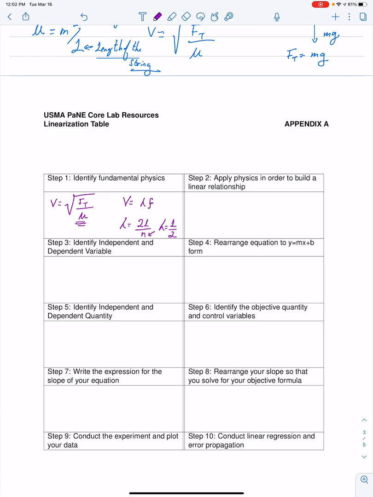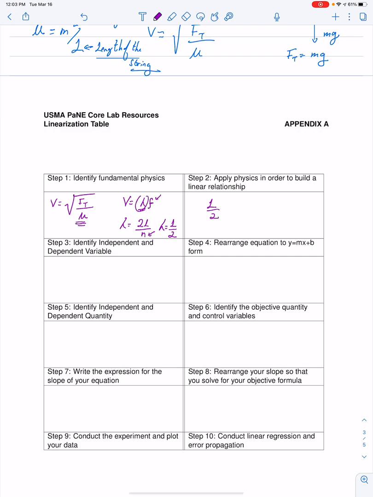Okay? So now that we have identified these equations, what we have to do is apply them in such a way that we create a linear relationship. So we don't have velocity, but we can change velocity because we have frequency, which is going to be our dependent variable. And we also have wavelength because we have the length of the string, and we know that we need 4 harmonics. And we know that in order to find the wavelength, we have to divide by 2. Okay? So we replace it, and we will have L over 2, right?